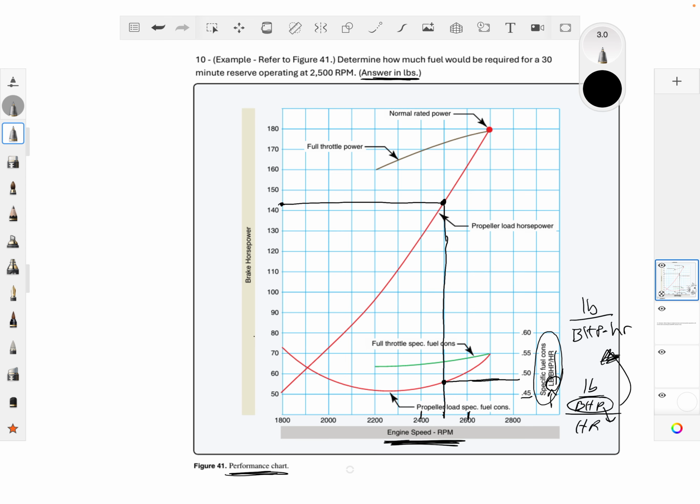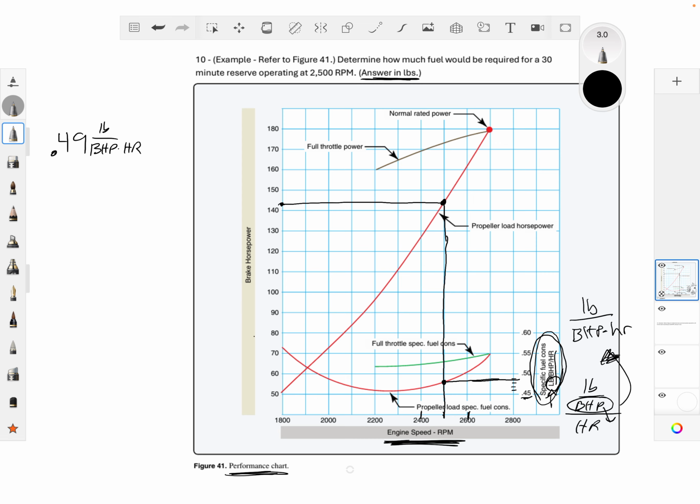But okay, let's go ahead and grab our first number, our specific fuel consumption. Let's just say we are at 0.49, and the units of that is pounds per brake horsepower per hour.